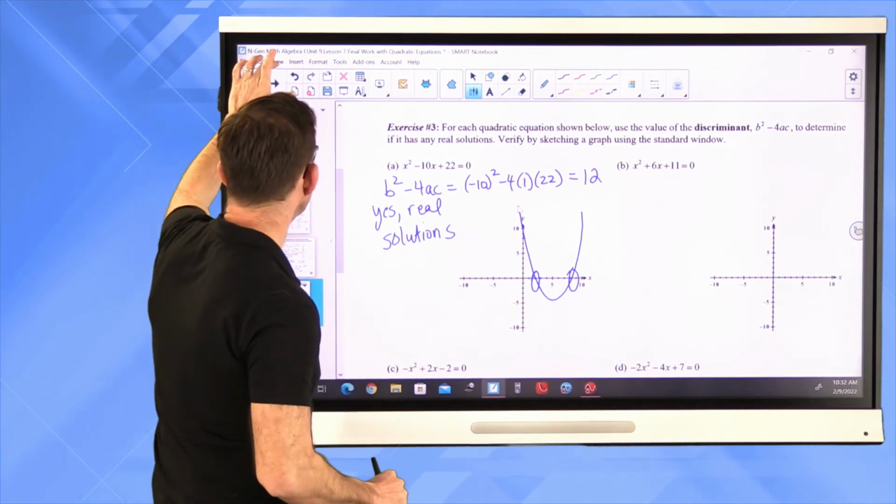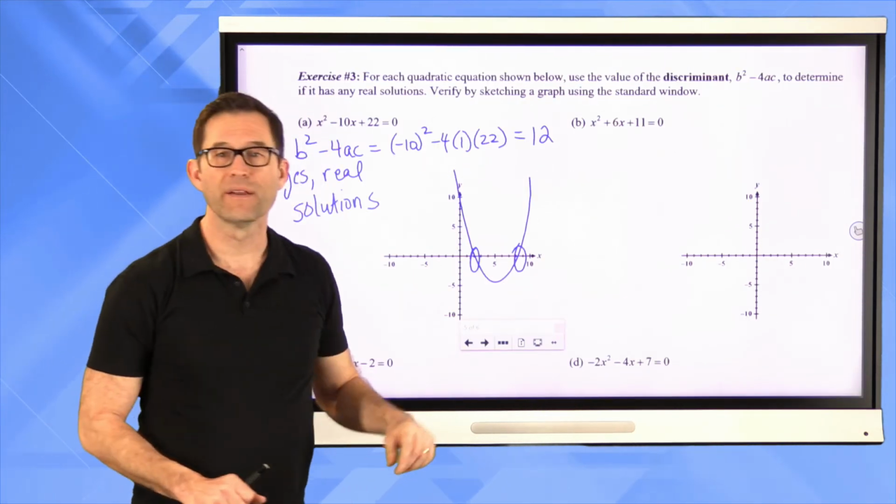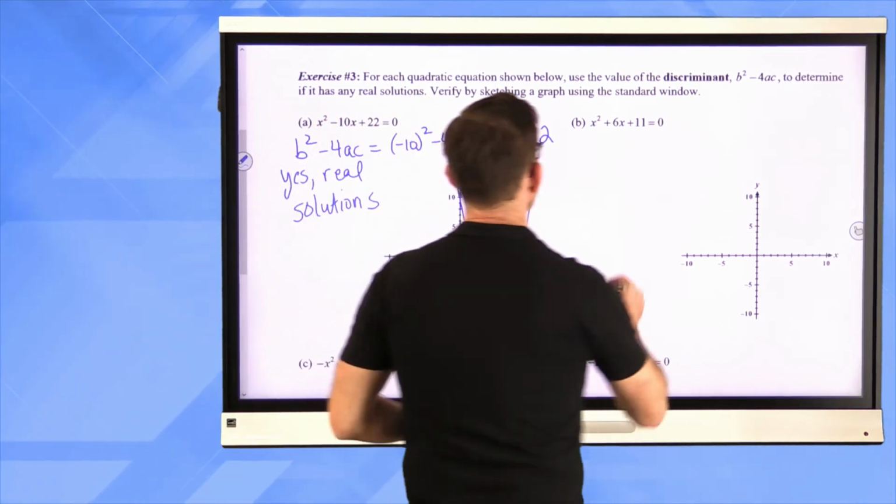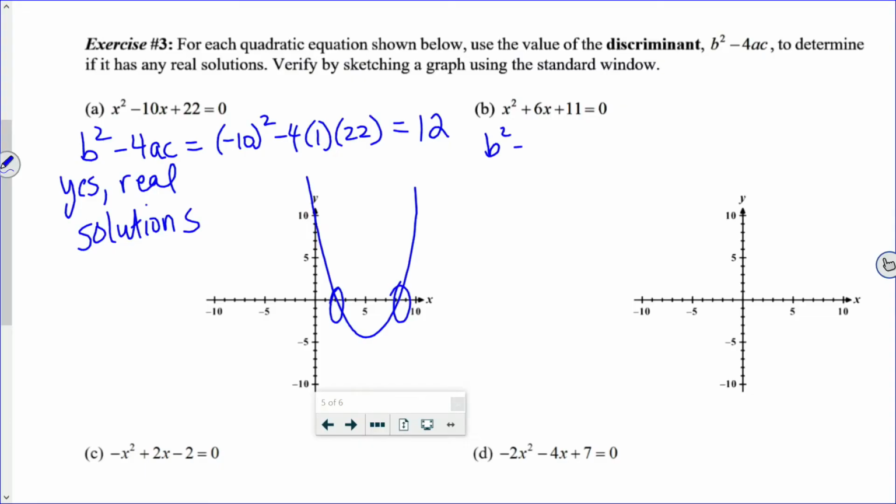Let's do letter B together. Let me go back to my full screen. All right, let's take a look at x squared plus 6x plus 11 equals 0. Again, the discriminant, b squared minus 4ac, is going to be 6 squared minus 4 times 1 times 11.